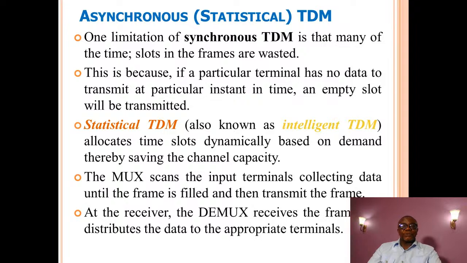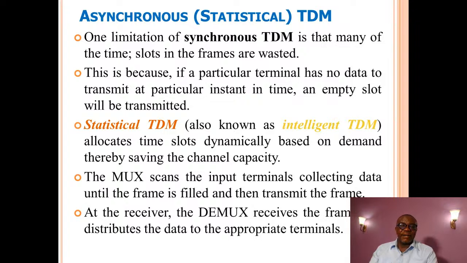The statistical TDM, also known as the intelligent TDM, allocates time slots dynamically based on demand, thereby saving the channel capacity. The MUX scans the input terminals collecting data until the frame is filled and then transmits the frame.